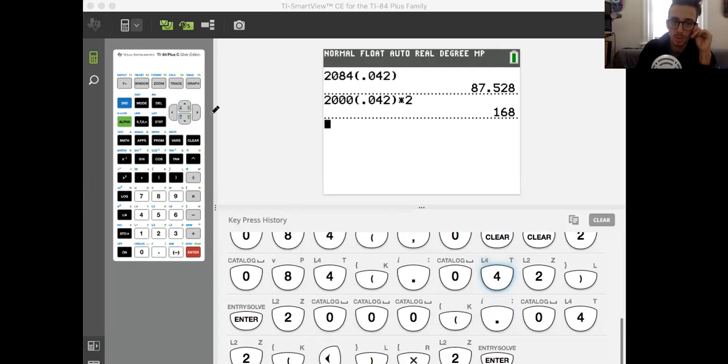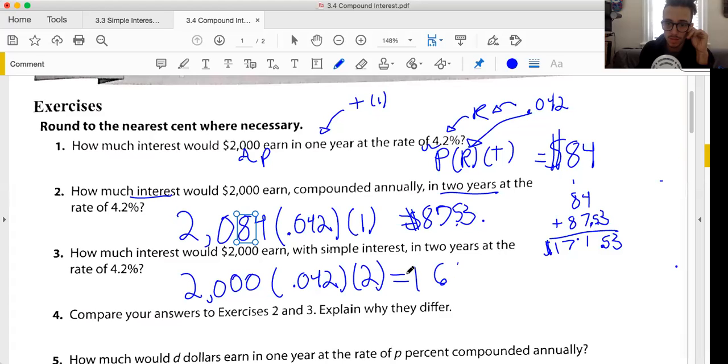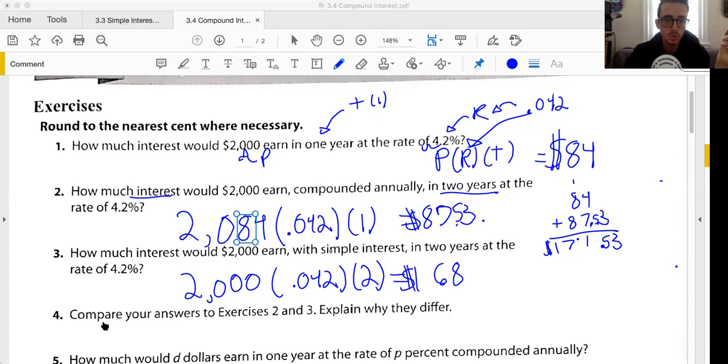So that means that we don't just get the same amount, because this is definitely 168 when it's simple. Compare the two, explain why they differ. Why do you think they differ? What's really the difference between compounding and simple? Well, the compounded is definitely going to be more because it earns interest on the interest.